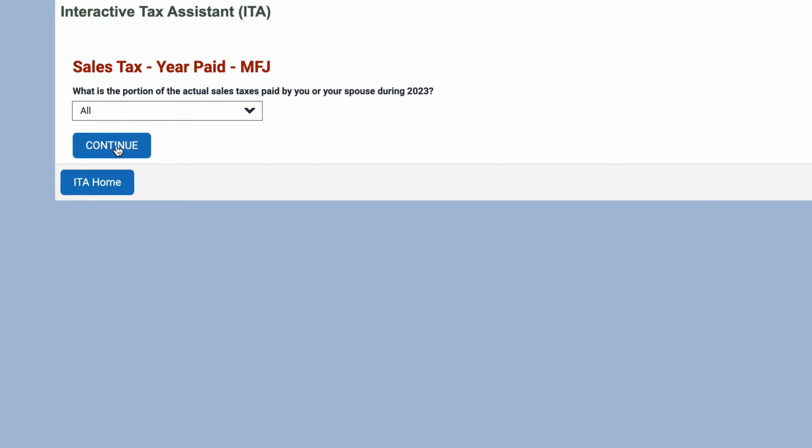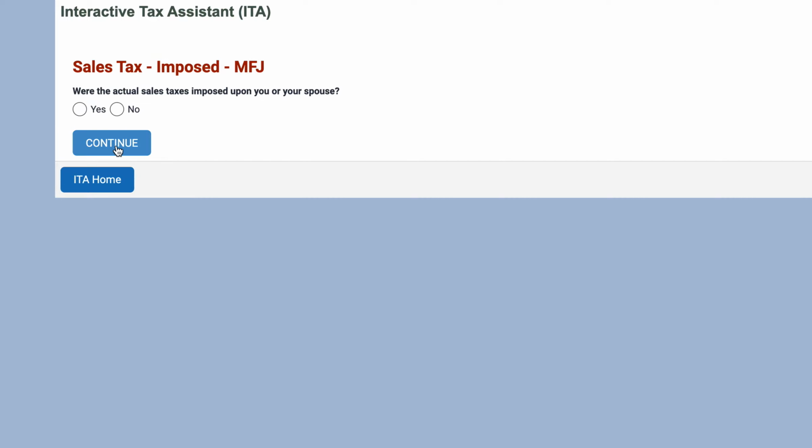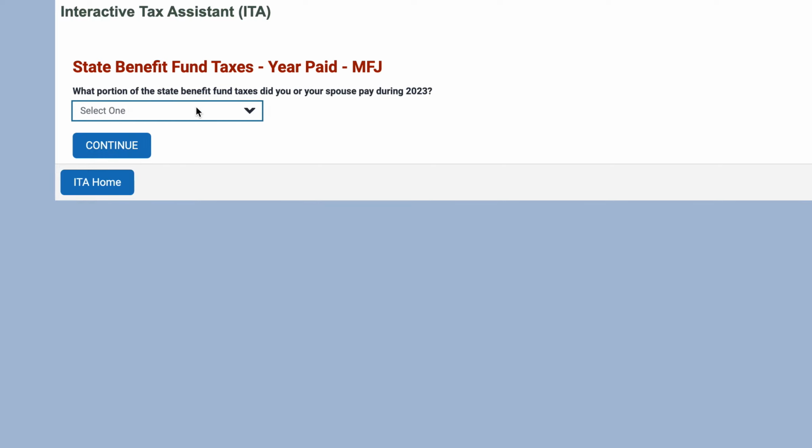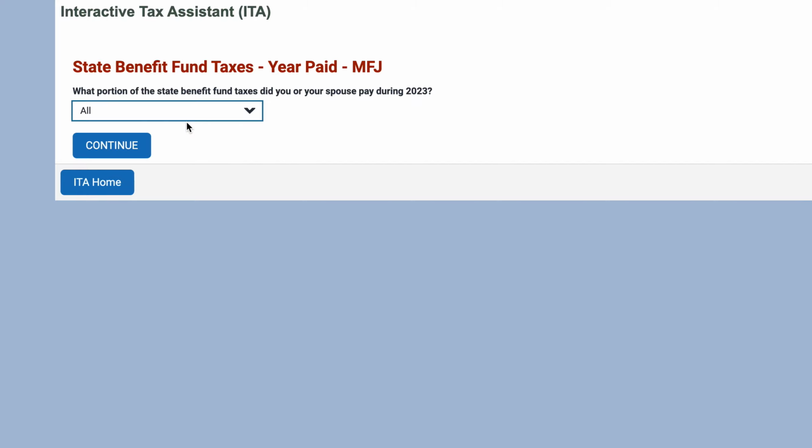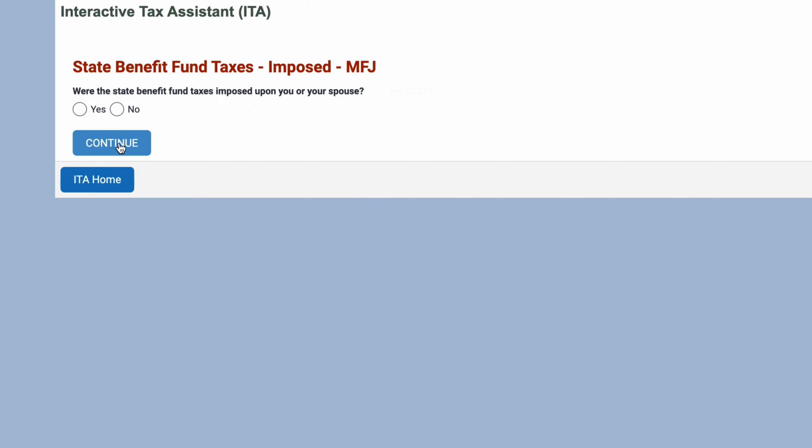We'll just say all of them. And then were the actual sales taxes imposed on you? Yes, they were. Did you lease or purchase a vehicle in the year? Sure. What portion of the state benefit funds did you or your spouse pay? So we'll just select all, and they were imposed.